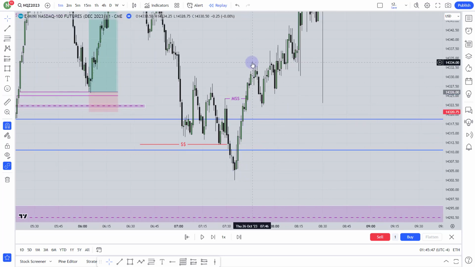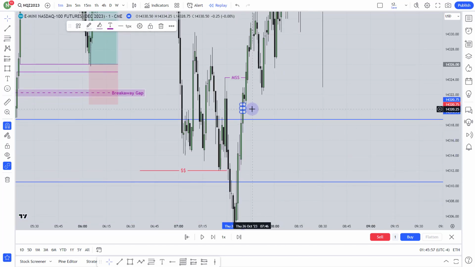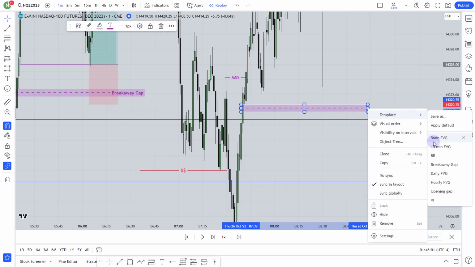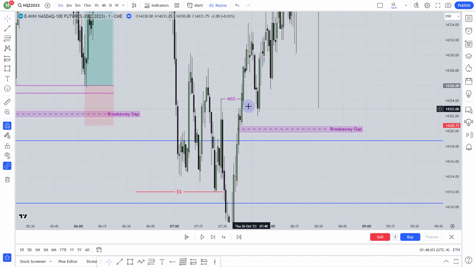When you get your market structure shift, look for the first fair value gap in the lower part. You can see this is your first fair value gap, and you can mark it as a breakaway gap. And then you have this fair value gap. Now look over here, there is also a very small fair value gap.